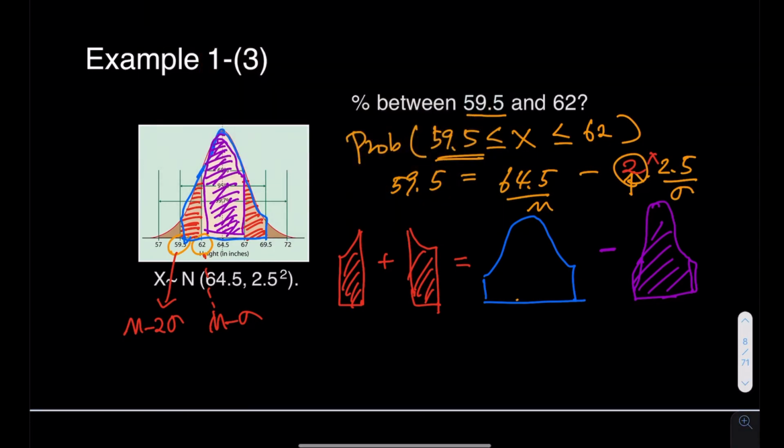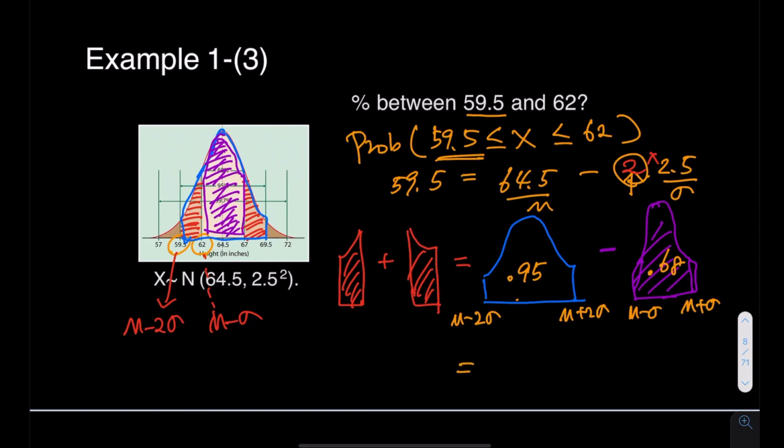This is between mu minus 2 sigma and mu plus 2 sigma, right? This area is between mu minus sigma and mu plus sigma. We already know that this area is 95%, so 0.95, and we already know this area is 0.68.